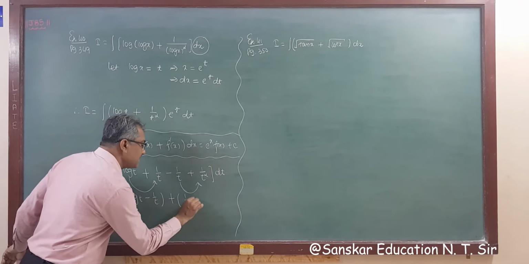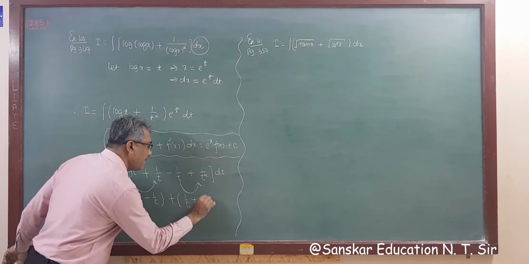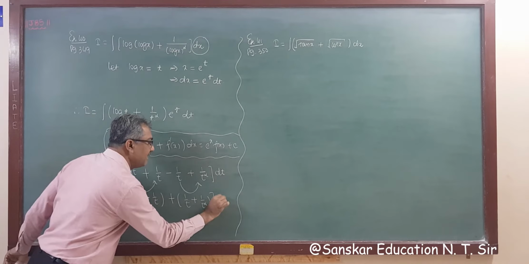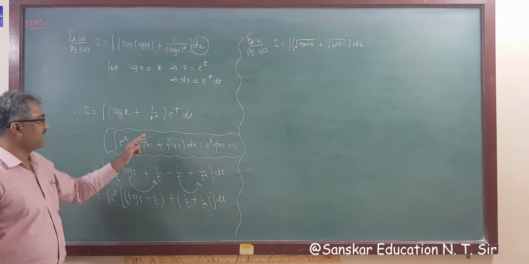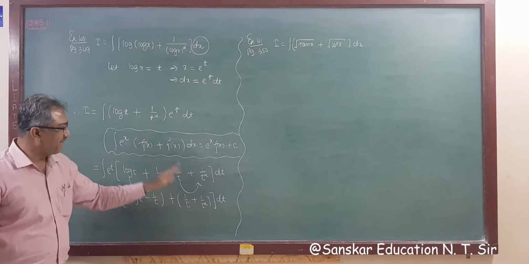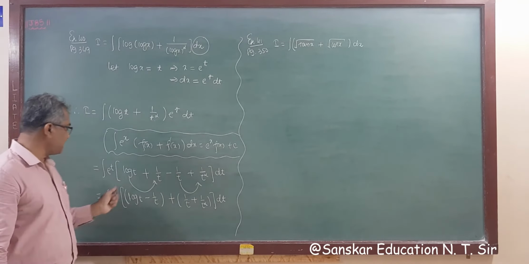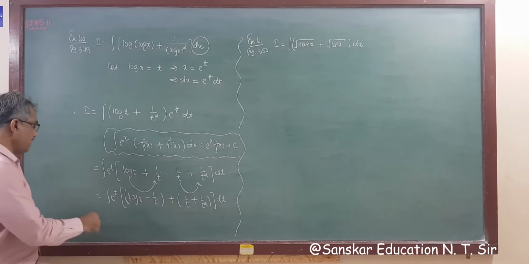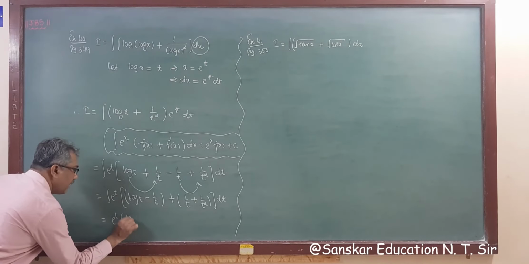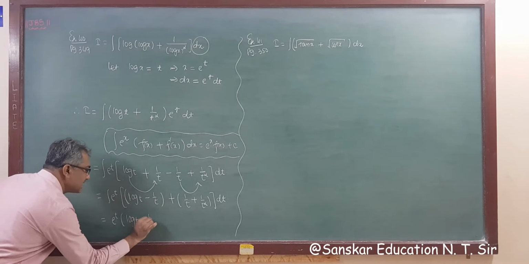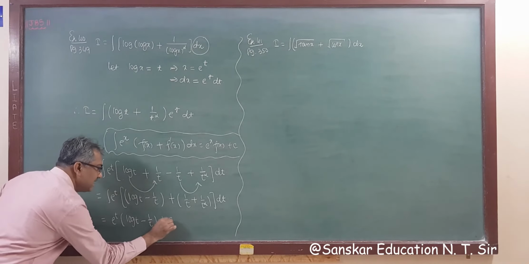So this is plus 1 upon t square and dt. So this is f t, and this is the derivative, that is f dash x. Answer e raised to t, f x is this. So answer will be e raised to t log t minus 1 upon t plus c.